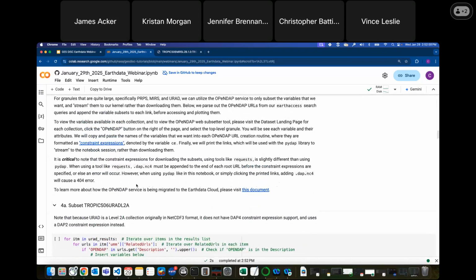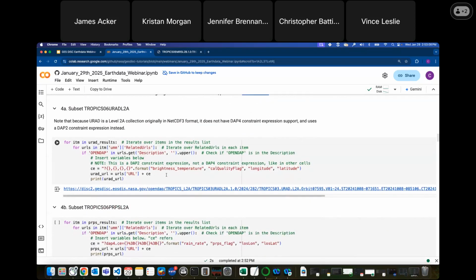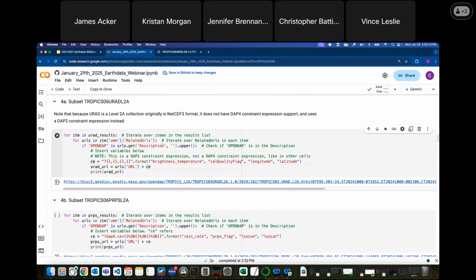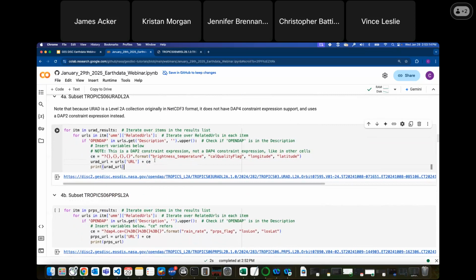For example, if you want to download them using requests, the constraint expressions are different than in this notebook, which uses PyDAP. And so you can see here that what we do is we filter through those responses, we grab the OPeNDAP link, and then we parse through and attach the constraint expressions containing the variables that we want.